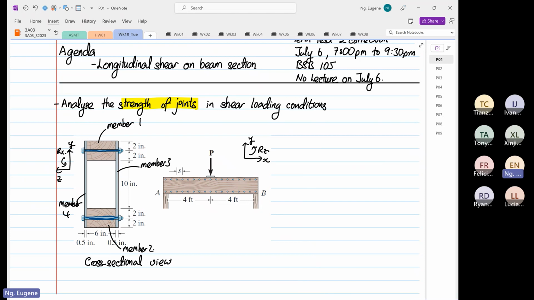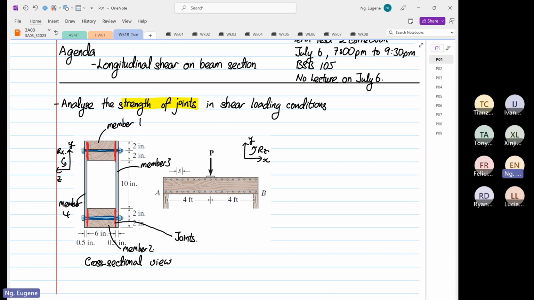So the structure will fail at the joints. The joints are the weakest. So I'm highlighting the joints. This is where it is the weakest. So these are the joints, highlighted in red.